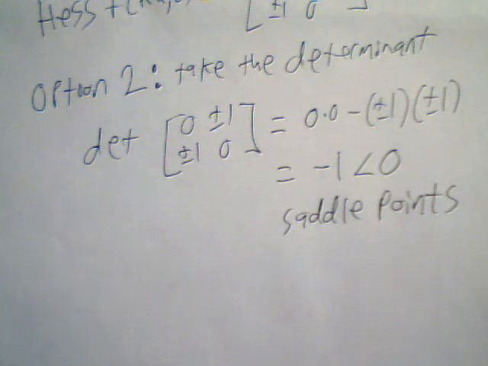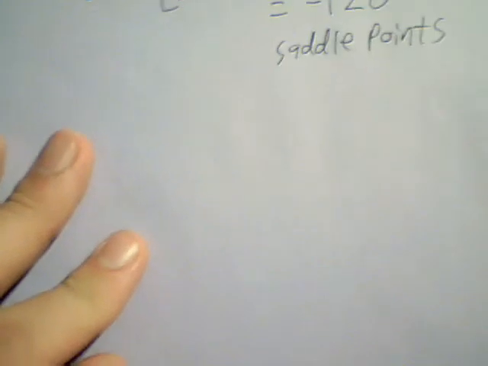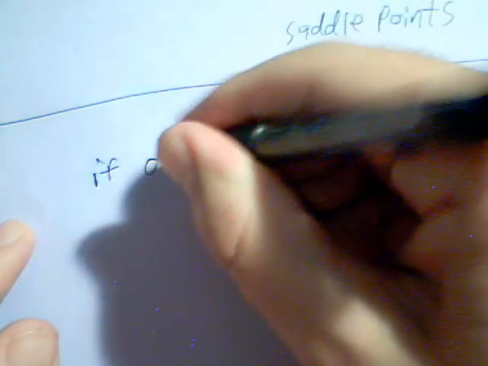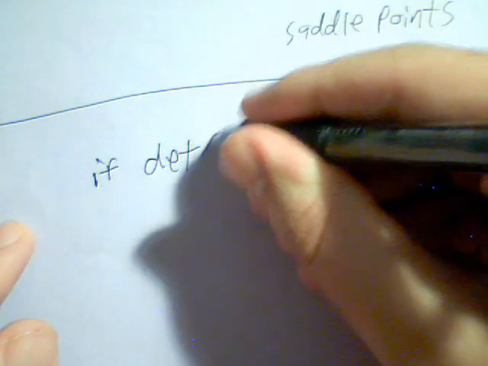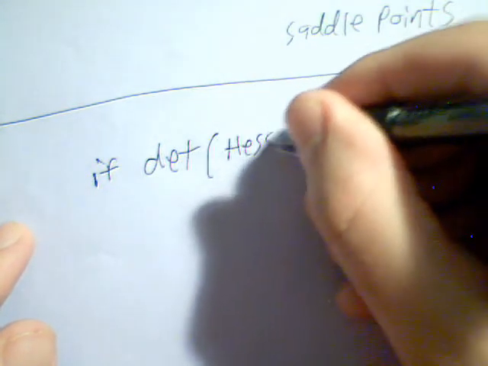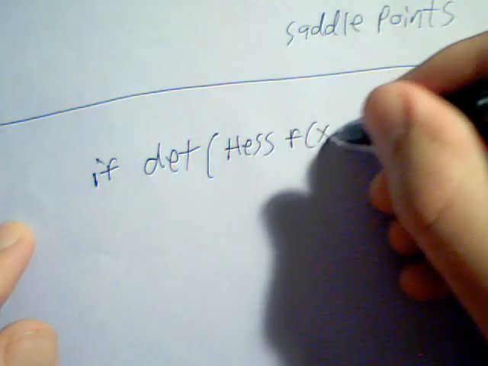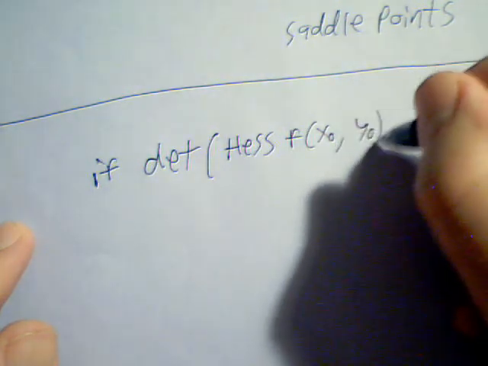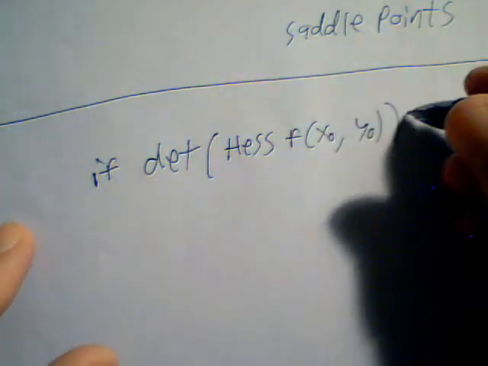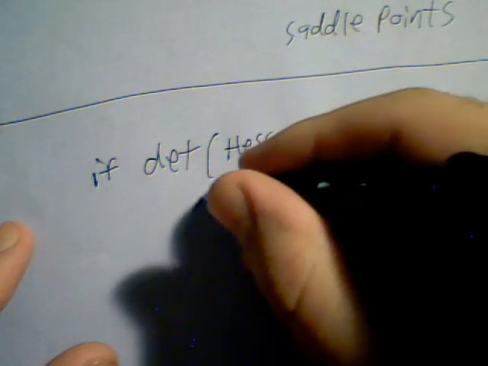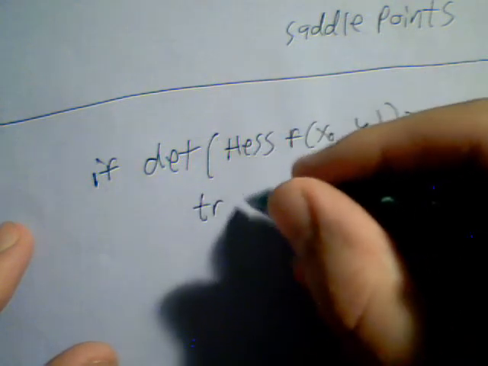Now recall, I'm just going to write this out. I want to point out that if the determinant of my Hessian of f at a critical point was greater than 0, then we take the trace.